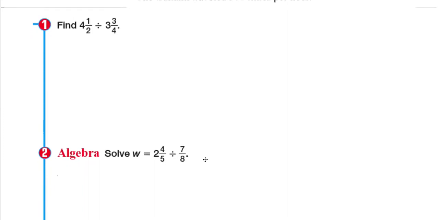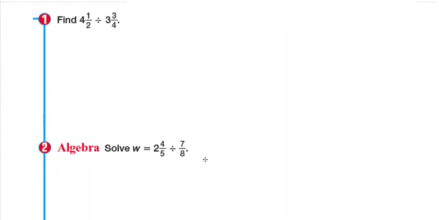Let's take a look at example number 1, 4 1/2 divided by 3 3/4. We estimate our answer first. 4 1/2 is close to 4, and 3 3/4 is close to 4. So 4 divided by 4 is 1. Our answer should be close to 1.